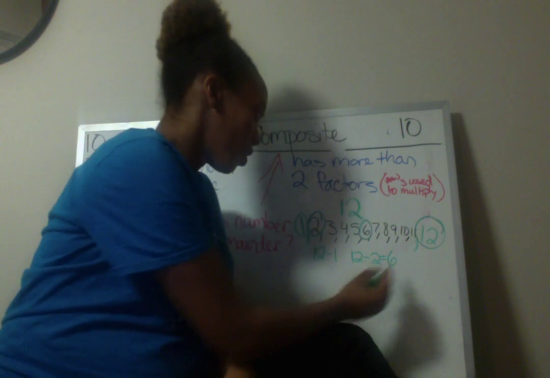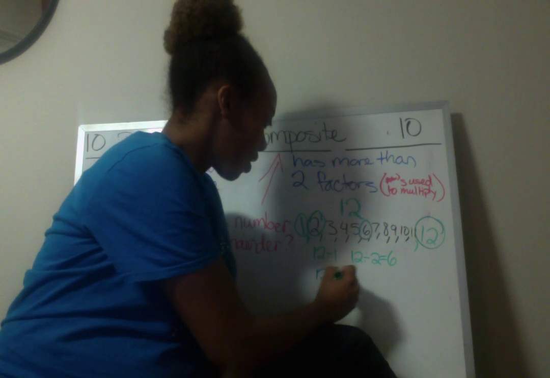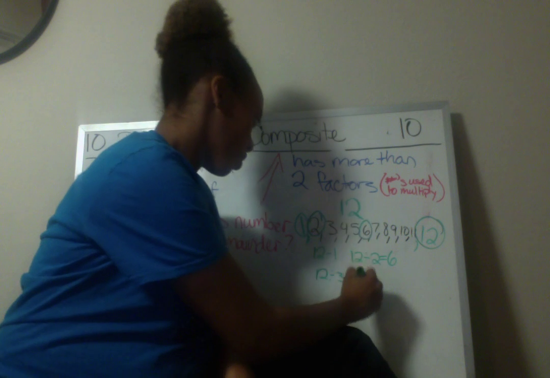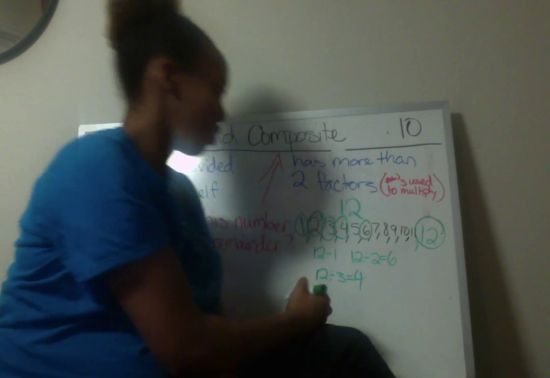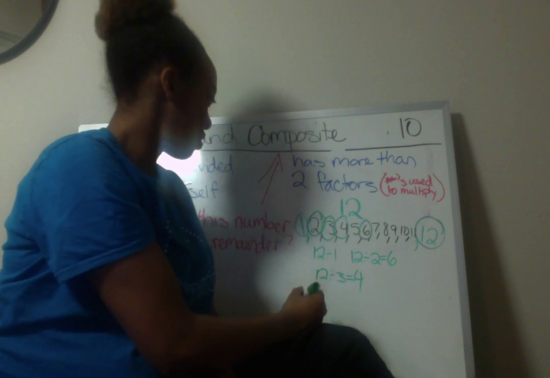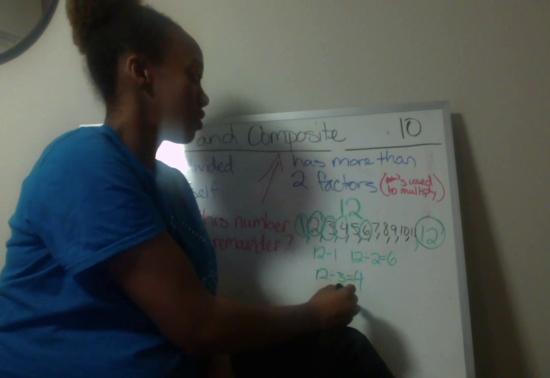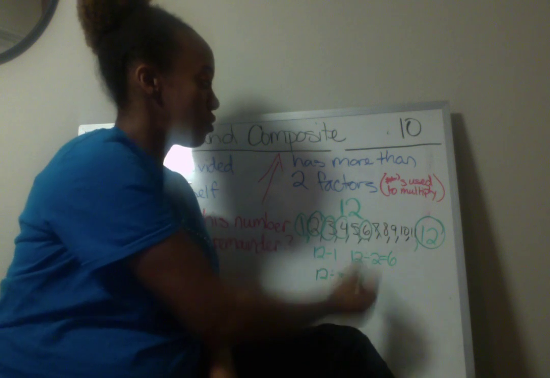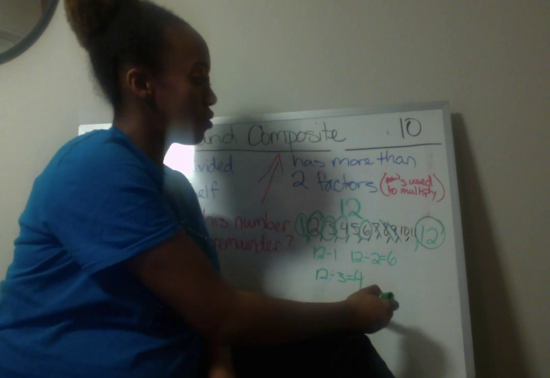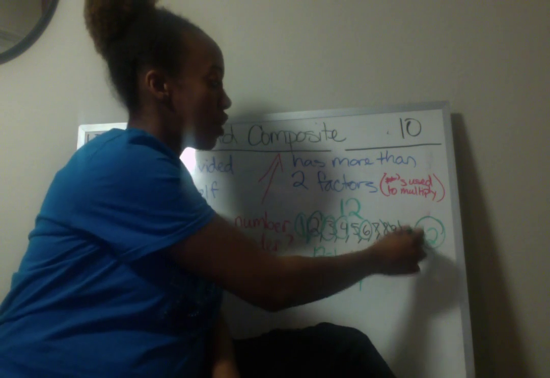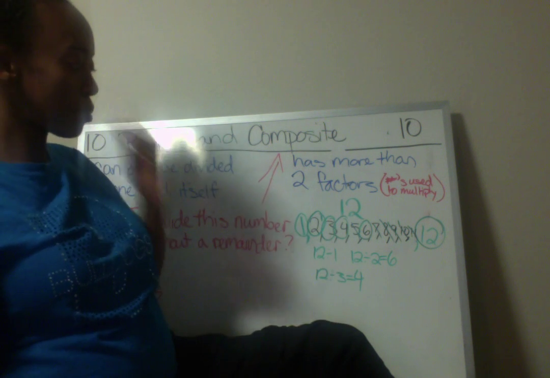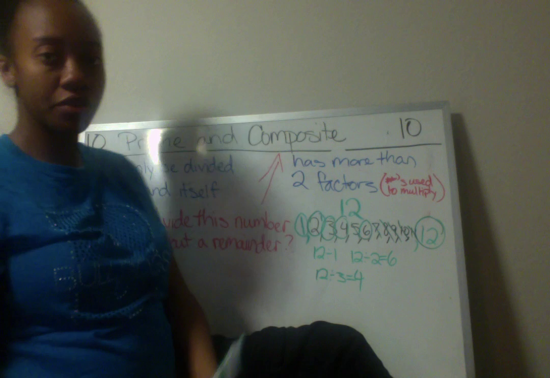I can keep going. 12 divided by 3. Does that work? Yes. 4. 3 and 4. 12 divided by 5, no, that does not work. 12 divided by 7, no. 12 divided by 8, no. 9, no. 10, no. 11, no. But because I can do these 3 right here, I have a composite number.